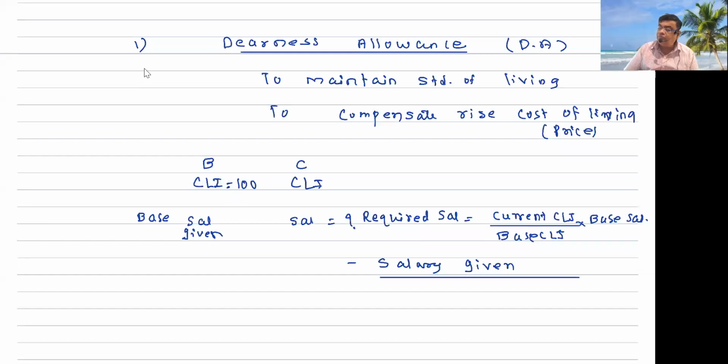The difference between them is the dearness allowance. Required salary is current CLI over base CLI into base salary, and that salary required minus salary given is the dearness allowance.